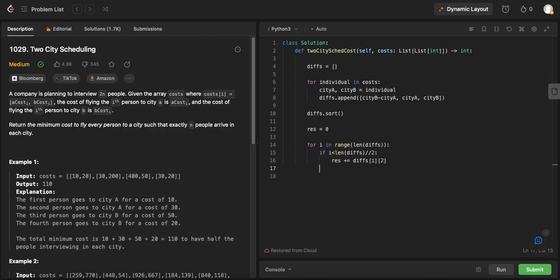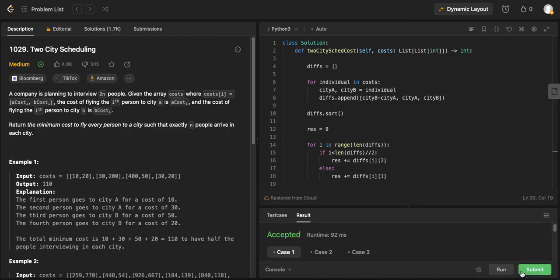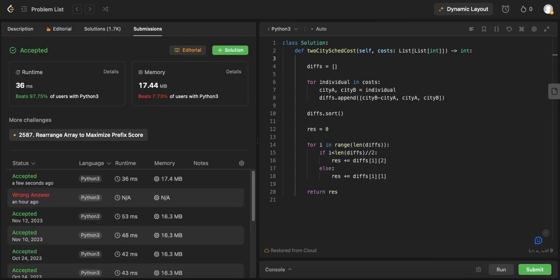Once we pass that halfway point, we know we want to send the individuals to city A, so we will increment by the differences of i at index 1, because we know that we have put the city A cost at index 1. And at the end, we can return our result. Let's make sure this runs and submits. And we see that it works.